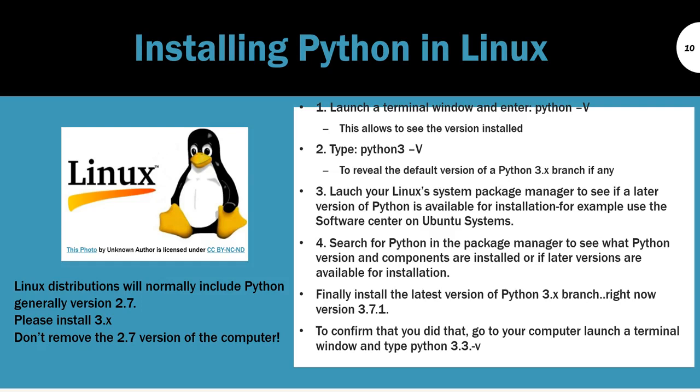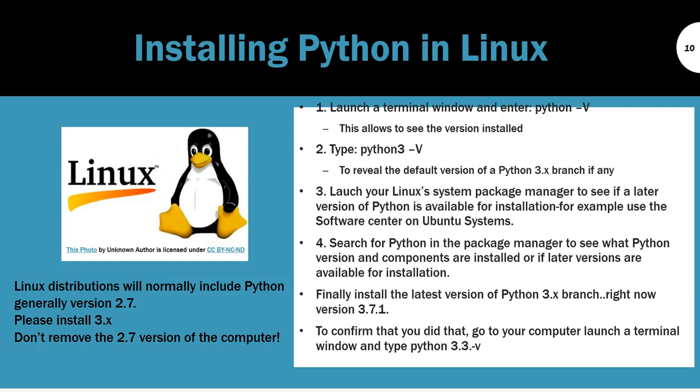Search for Python in the package manager to see what Python versions and components are installed, or if later versions are available for installation. Normally, under all software, you should see if Python is installed and what version you have.